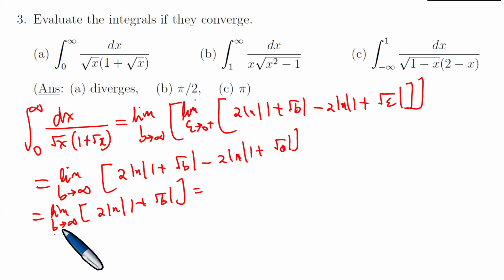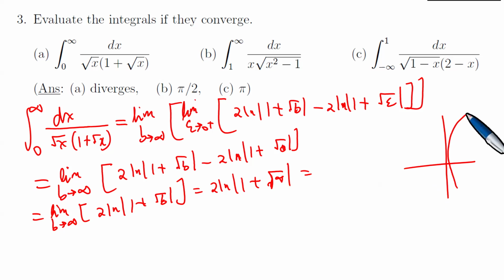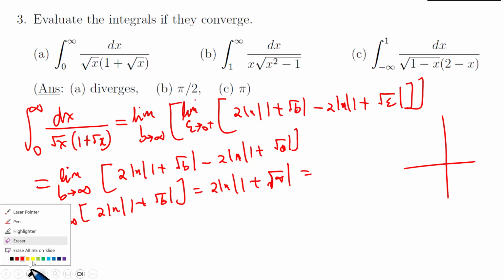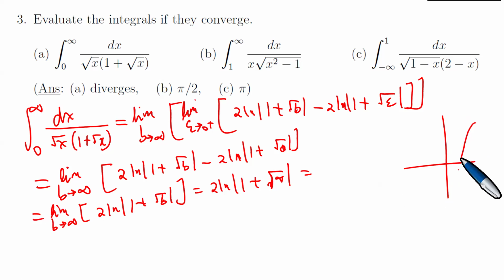But now we take the other limit as b approaches infinity. So it's going to be 2 the ln of 1 plus the square root of infinity. Square root of infinity is what? It's infinity. 1 plus infinity is infinity. Looking at the log graph, it is clear that in the Cartesian coordinate system, this is the graph of y equals the natural log of x.